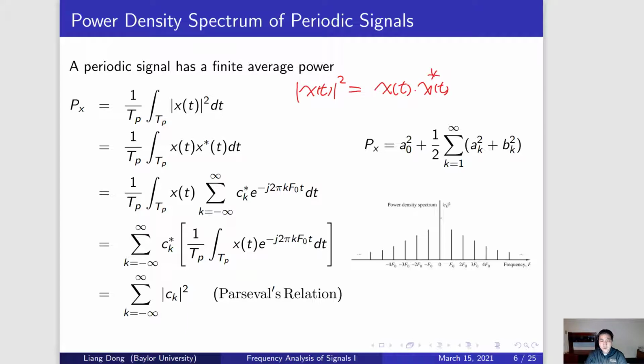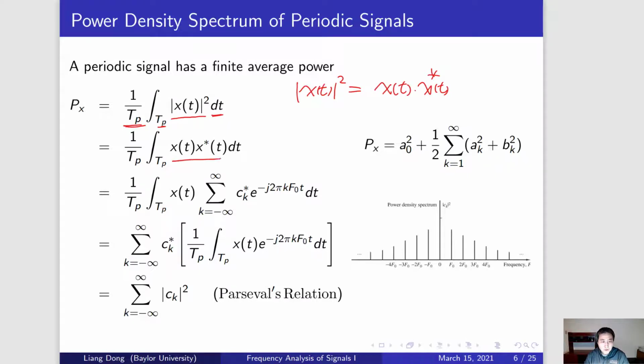We call that the instantaneous power at time instant t. To calculate the power of a signal, we integrate this instantaneous power over one period, dt. That is the energy of the signal over one period, T sub p. Divide by the time span, and we get the average power of the signal. It's a periodic signal, so this average is across the entire signal.